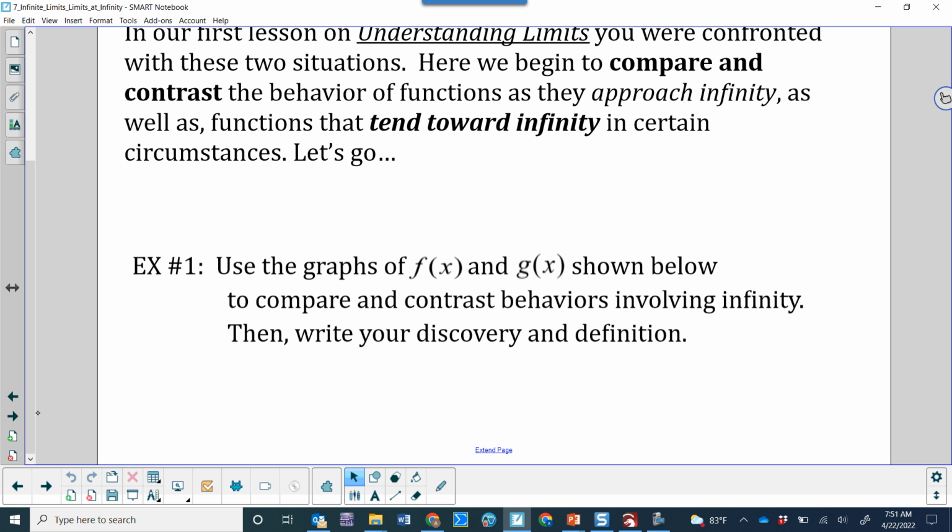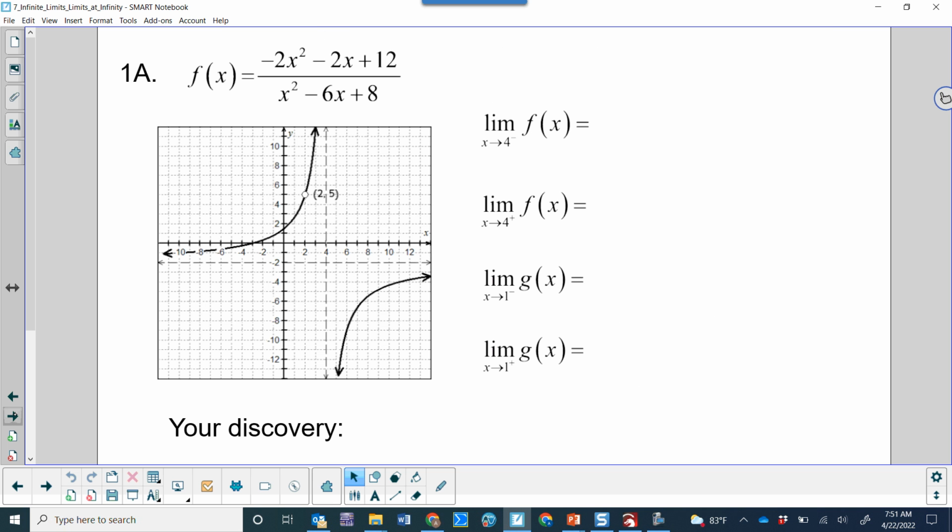We're going to look at these two functions, starting with f of x, and what's happening at various places to talk about that type of limit.